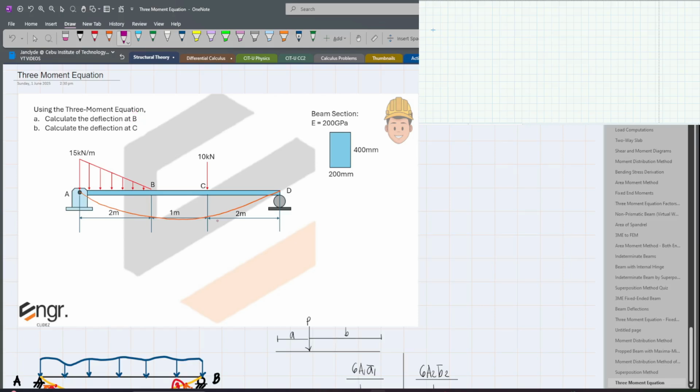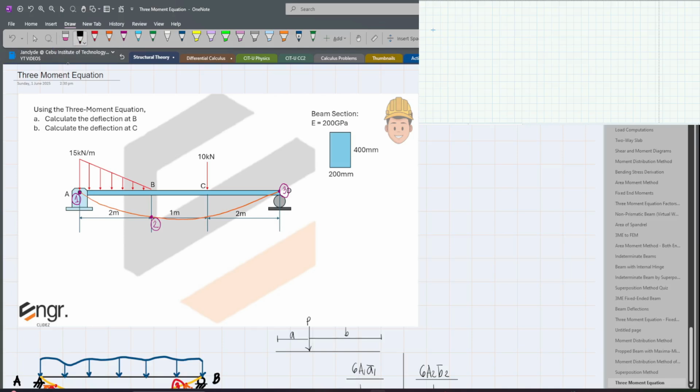So we can pick point A as our first point. Then we have point D as our third point. Then the point where we want to take the deflection, yan yung magiging second point natin. So for the first question at B, andito yan. Aligned to this point. So therefore, this is our point 2.